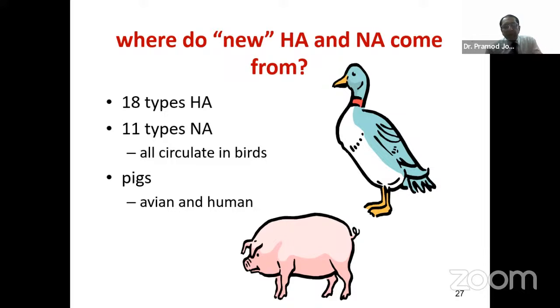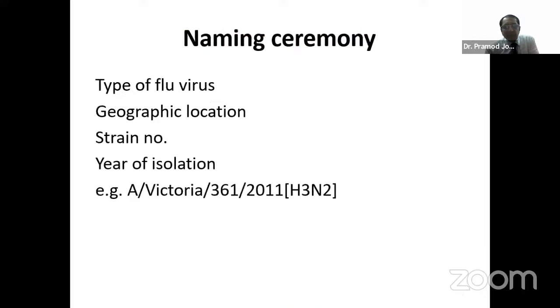And in the pigs, as I'm just going to show you in one picture, there is mixing of these different strains, so that the pig acts as a mixing vessel, something like a bhel which has murmura and sev and papdi and some vegetables and so many things. So the pig's body is a mixing vessel wherein the new virus is produced.